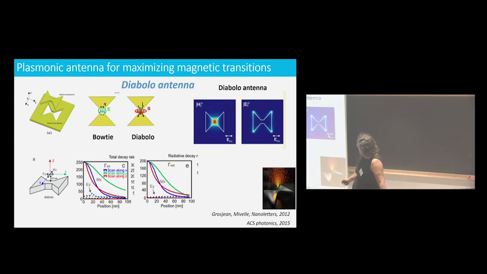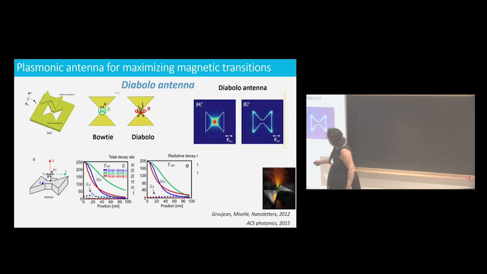When you apply a field, you have plus, you have minus, it's oscillating, and because of the antenna effect, you have a huge field here. You can do the same thing with a diabolo, and you see it's quite different because here you always have metal. When you apply your field, you have the charges going from here to here, so you create a current.